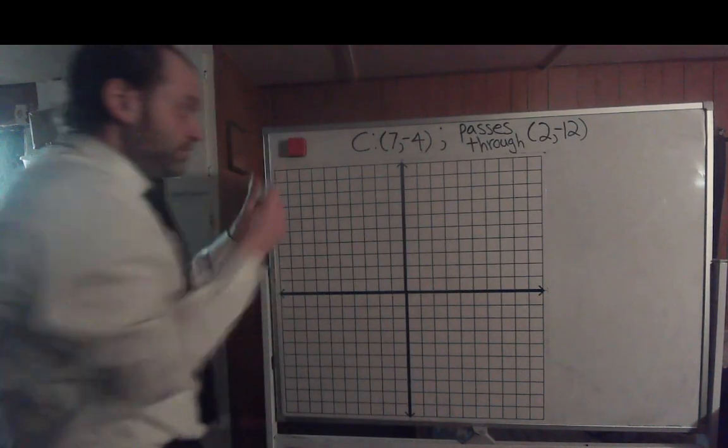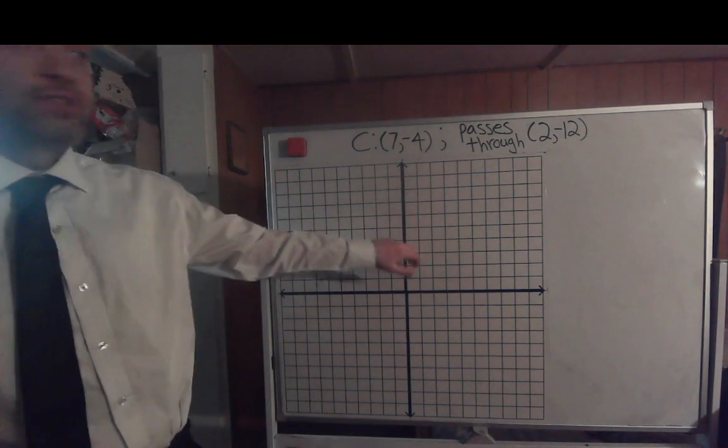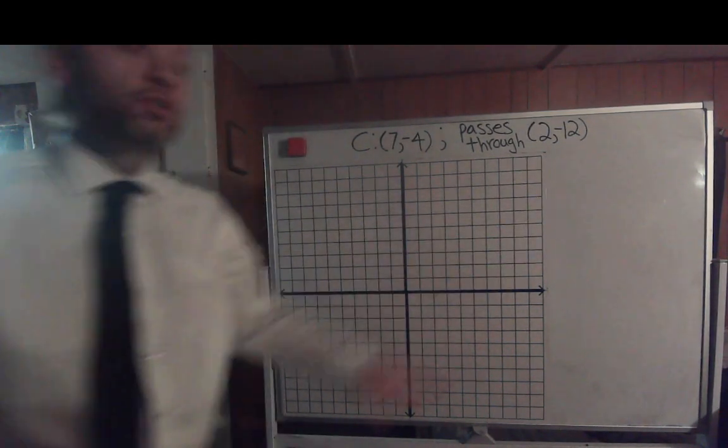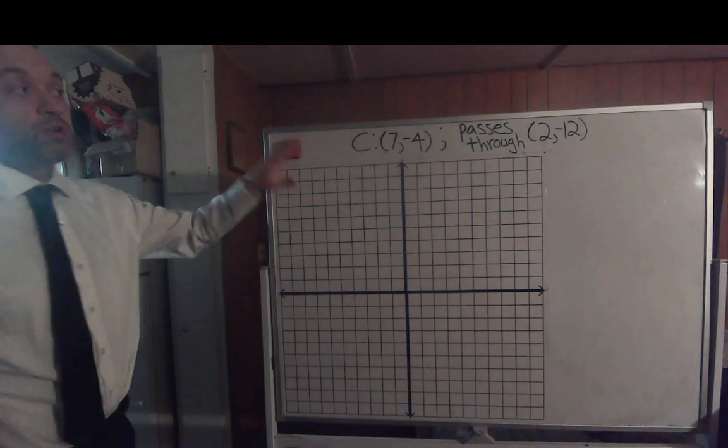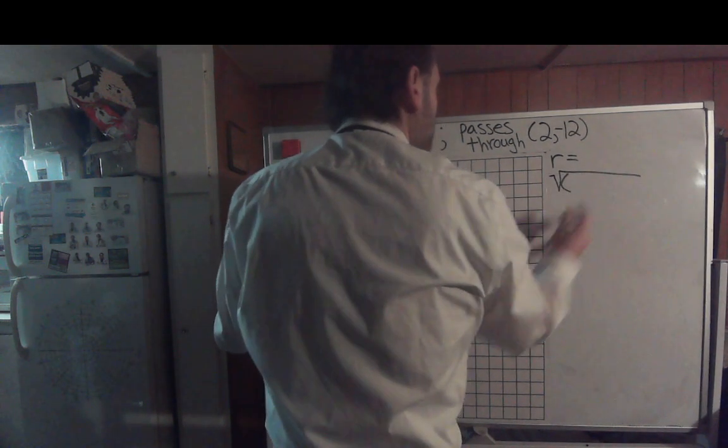Alright, so we have a circle with center 7, -4 passing through the point 2, -12. So we know the center, but we don't know the radius. So let's use the distance formula to find our radius. So the radius equals the square root of that x2 coordinate of 2 minus your x1 coordinate of 7.